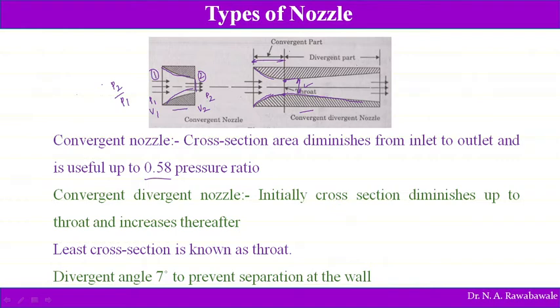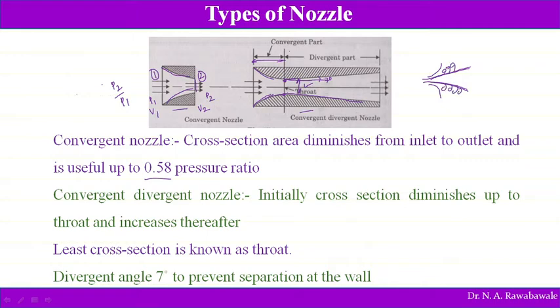The least cross-section is known as the throat, whereas the divergent angle is generally 7 degrees. This is to prevent separation of steam from the wall. If the cross-sectional area suddenly increased, then the steam, instead of sticking to the wall, gets separated from the wall, and there will be formation of whorls, which causes loss of energy.